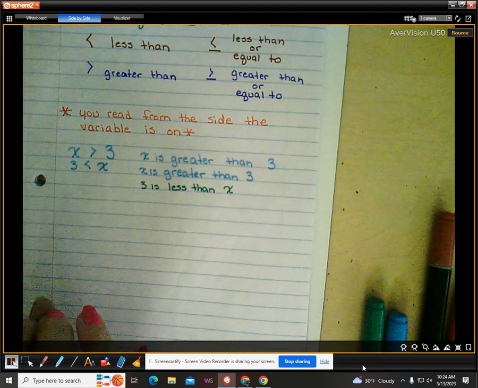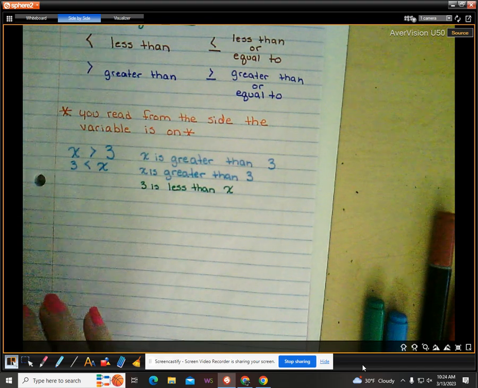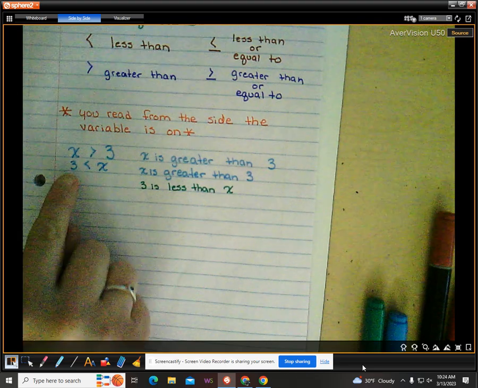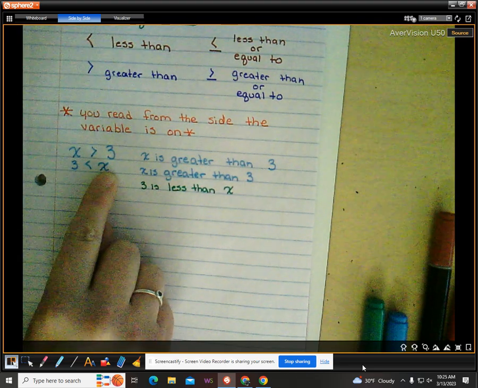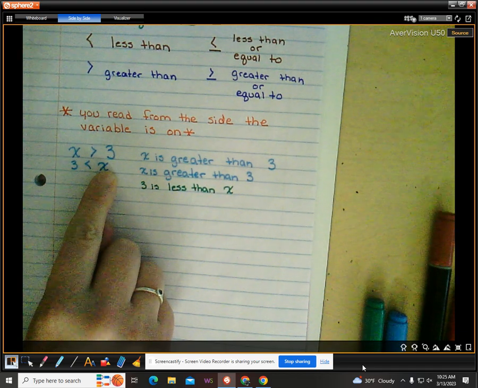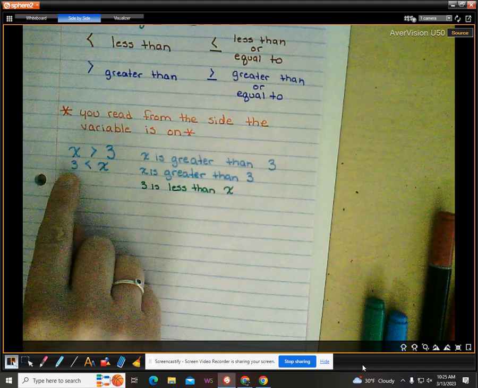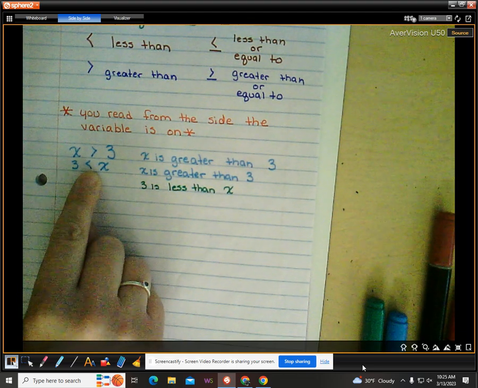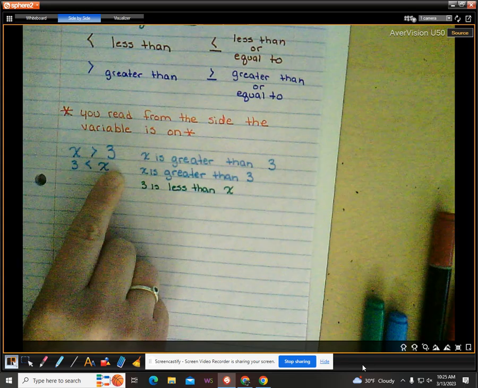Okay, this can get confusing. So we really have to think about what is written. This equation here could be read two different ways, and it means the same exact thing. X is greater than 3, or 3 is less than x.